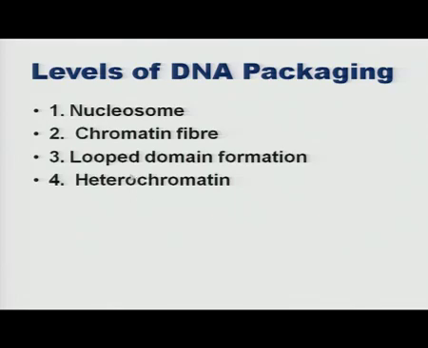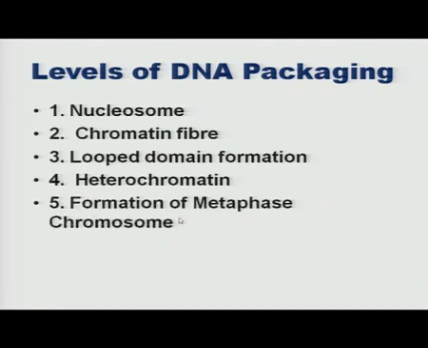That means these loop domains get further condensed to form heterochromatin, which is a highly condensed part of the chromosome. And finally, the metaphase chromosome is formed after further condensation of chromatin and heterochromatin. Now let us move into the detail of all these steps.